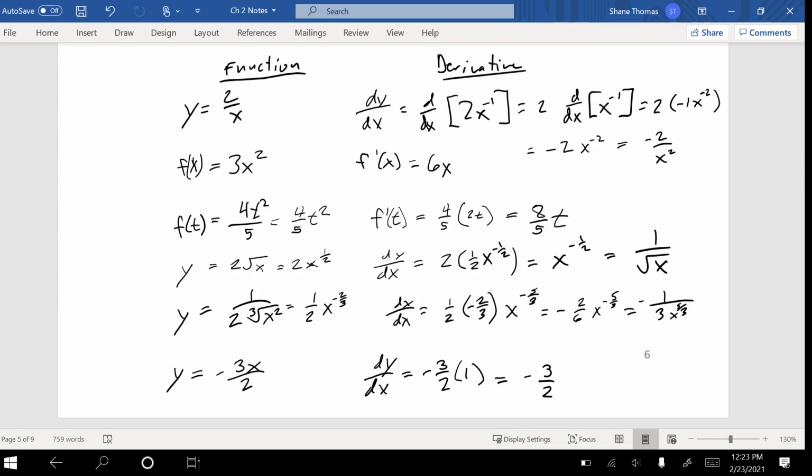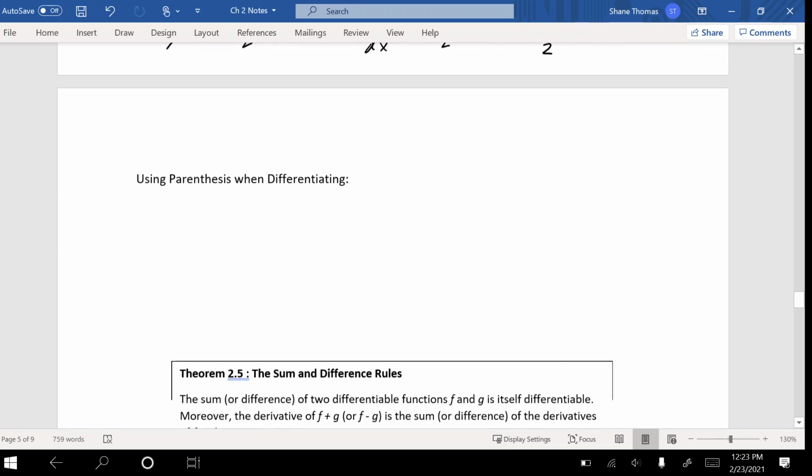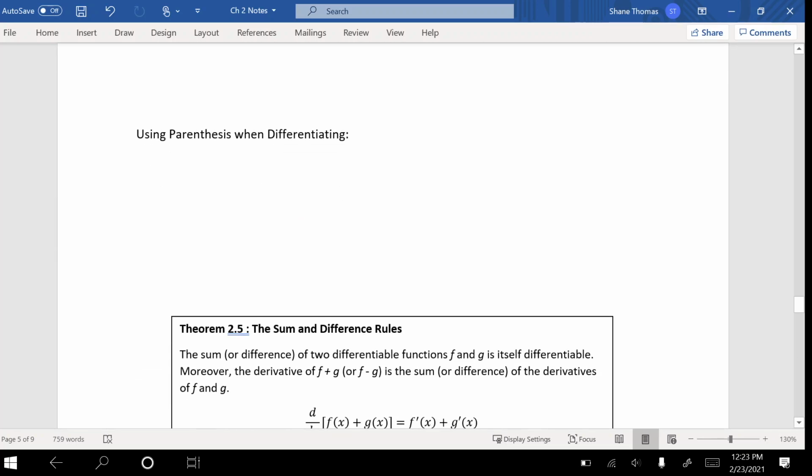All right, just some more here. It says using parentheses when differentiating. So what I'm going to do, I'm going to put 3 up here. I'm going to give you a couple minutes to try them.